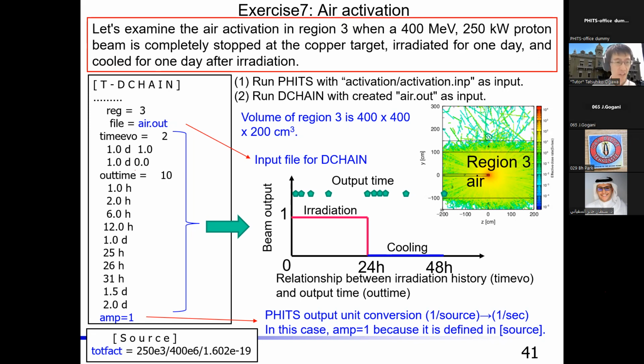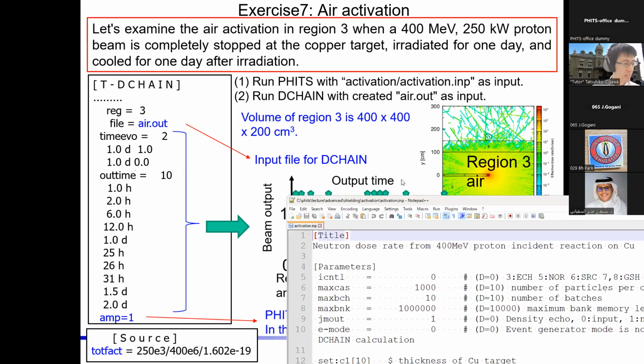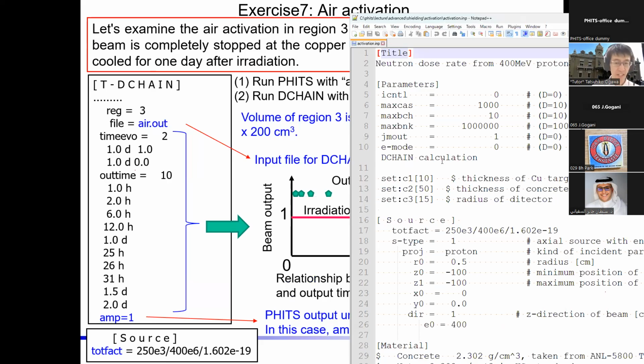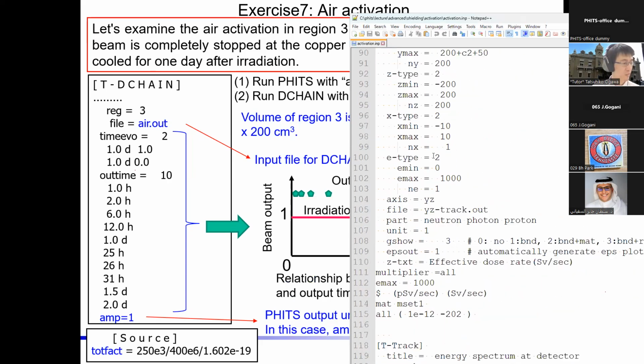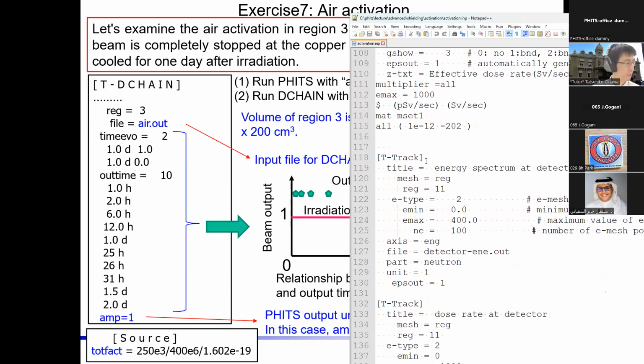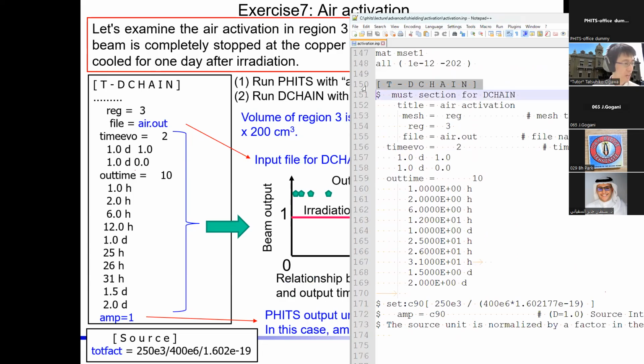How is it going? Now it's time for the answer. Activation.inp is mostly done already. Please scroll down to T-DCHAIN tally.